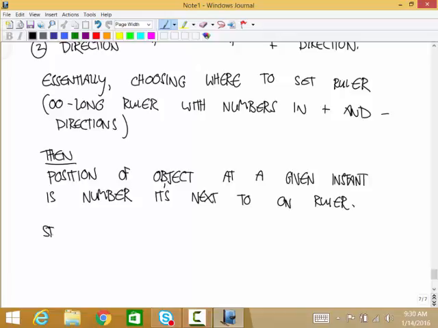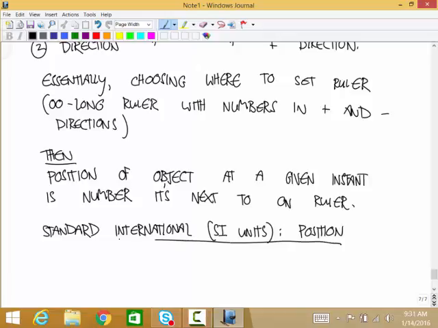In this class, I'm always going to be using standard international units, SI units. So the SI units for position are meters.